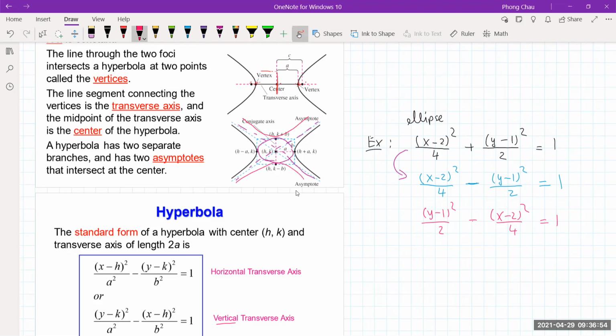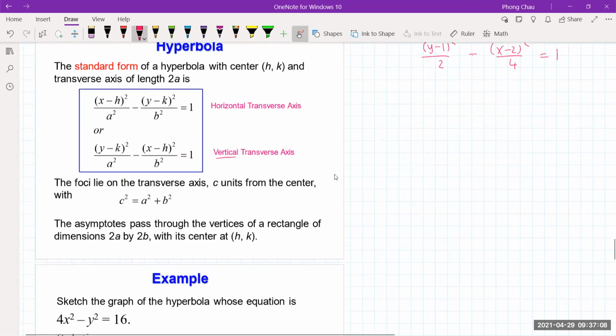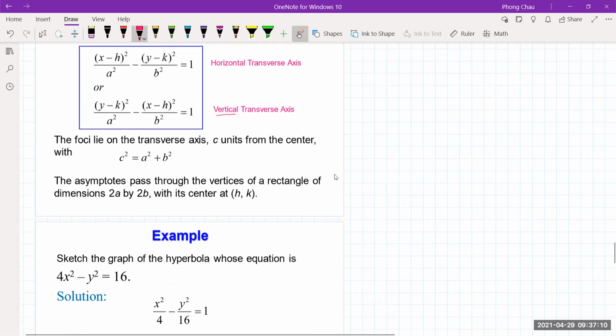All right. Now again, if you are given one of these two in standard form, then it's easy to identify the vertices and the foci. But if not, for example, here: sketch the graph of the hyperbola whose equation is 4x squared minus y squared equals 16.